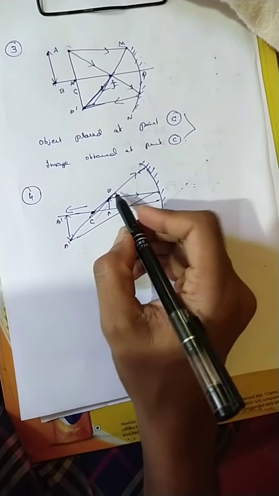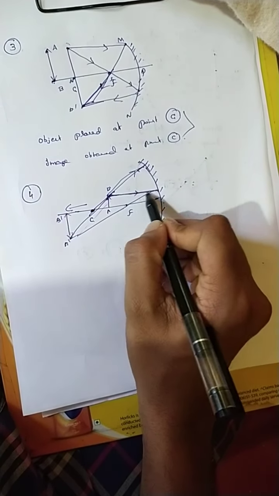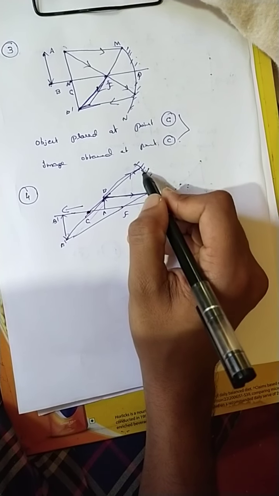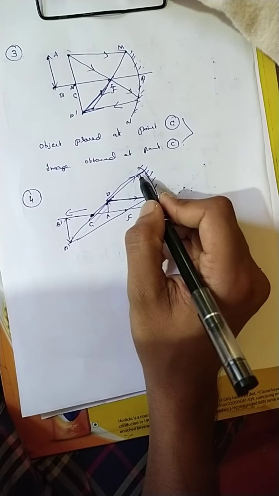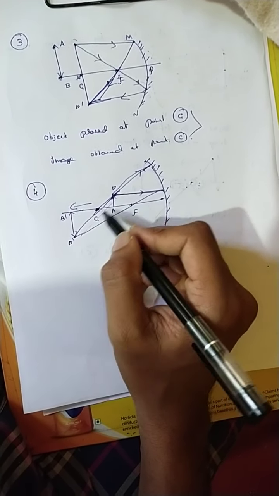Right. See here, two rays. One ray is this one, another one is this one. The first ray is parallel to the principal axis, and the second ray falls on the reflecting surface, and the reflected ray passes through the center of curvature.